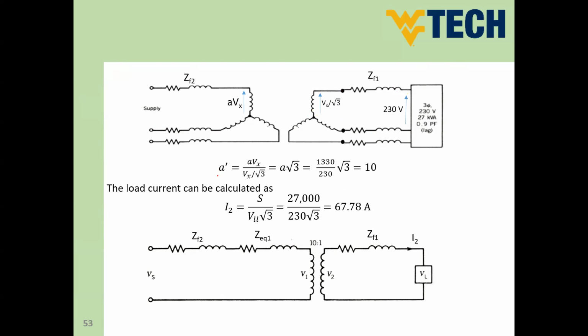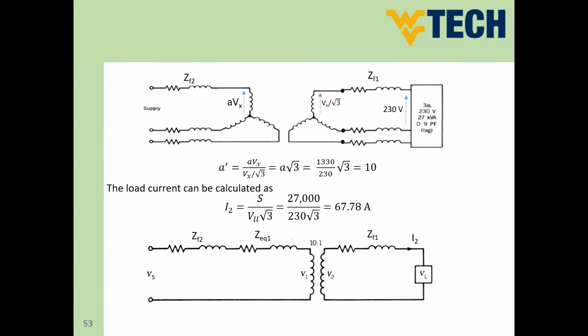Again, A prime is A times Vx divided by √3, because if you have a Y connection, the phase volt is the line volt divided by root 3.